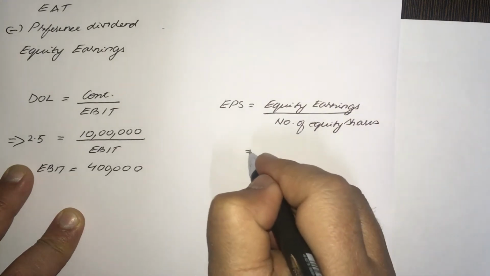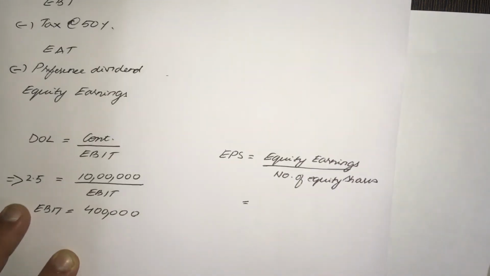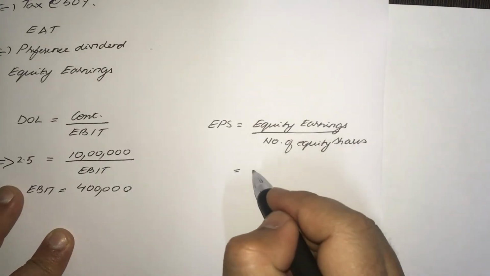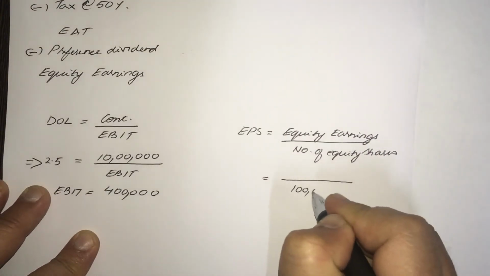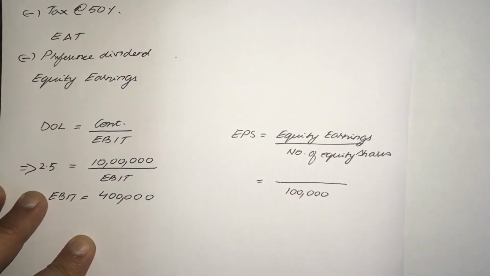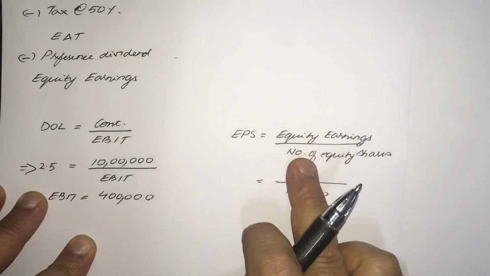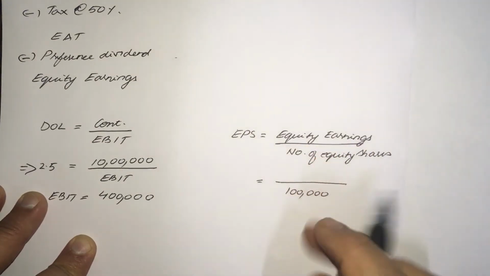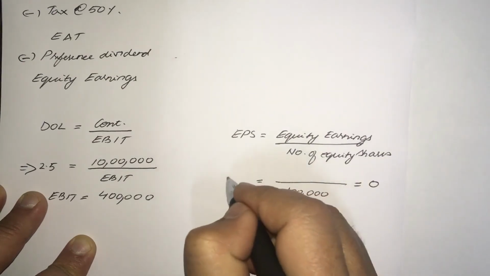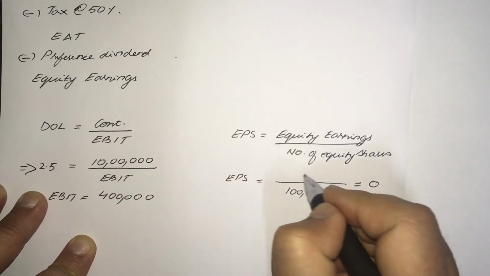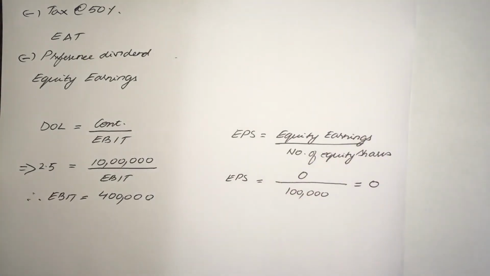Do we know the number of equity shares here? Yes, it's given: 1 lakh equity shares. When will EPS be 0? EPS will be 0 when equity earnings is 0, since 0 divided by 1 lakh is equal to 0.